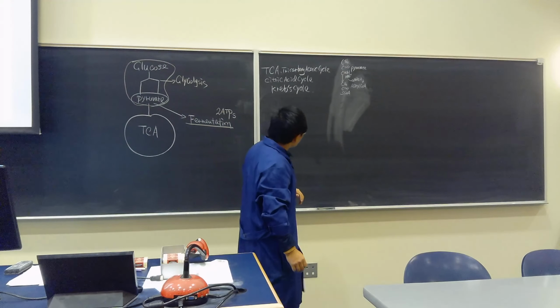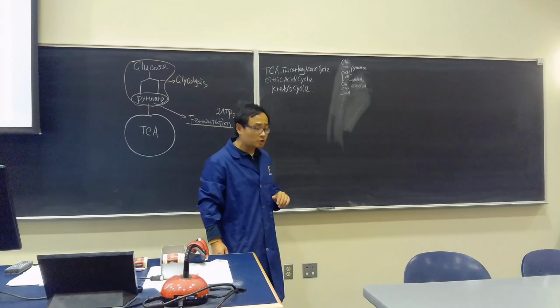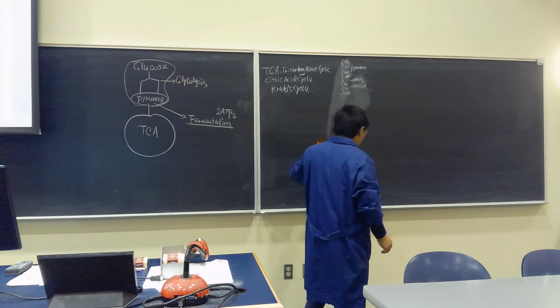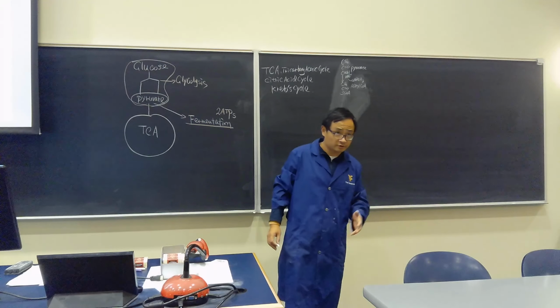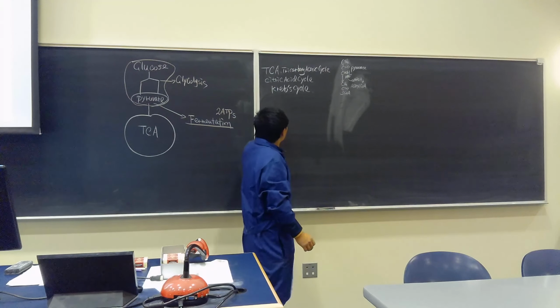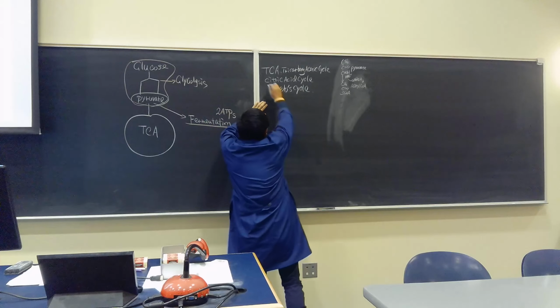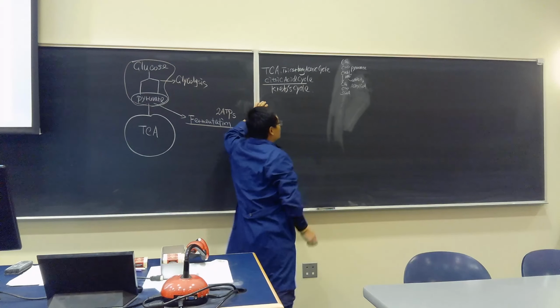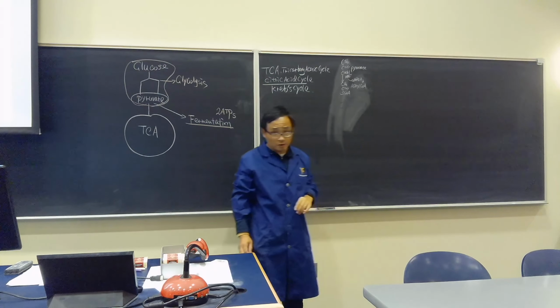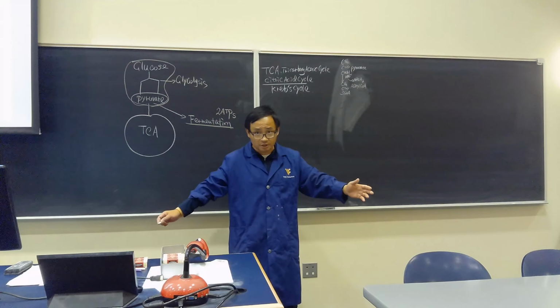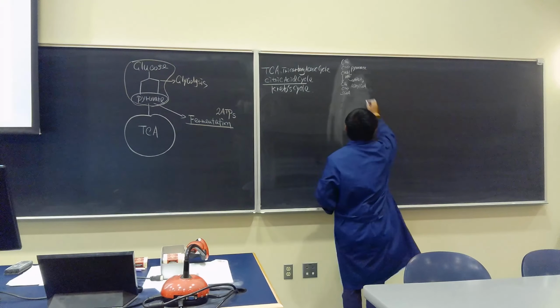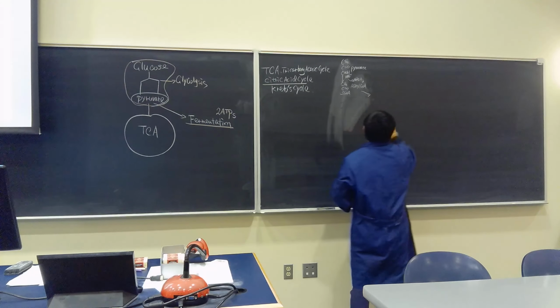Now always remember, when we talk about the chemical structures, sometimes you feel it's difficult to do. Yes, it's difficult, it's complicated. But since it's called the citric acid cycle, you at least need to remember what citric acid is, because it's all coming from there. So what is citric acid?